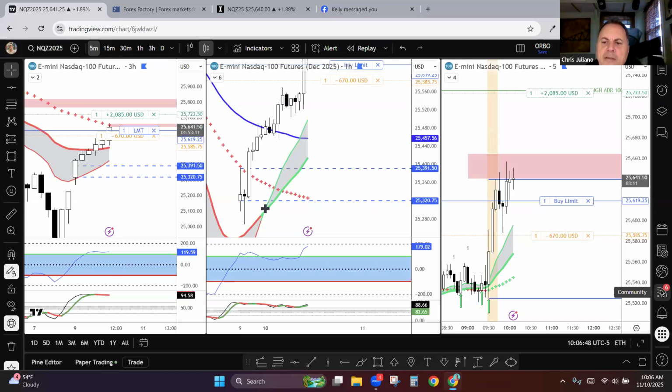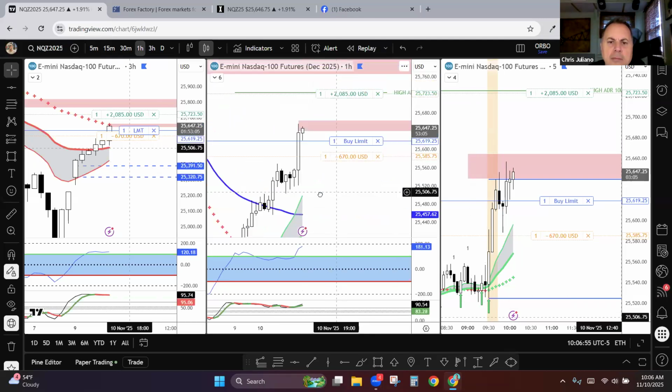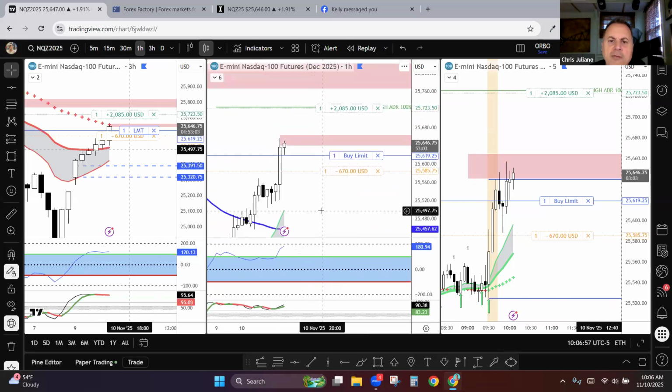But it seems to continue to get hammered back down. And that's what we're looking at there.